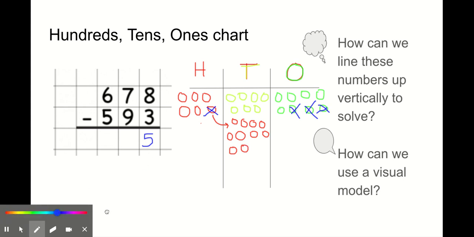Now, can I take away 9? Yep. 1, 2, 3, 4, 5, 6, 7, 8, 9. And how many are left? 1, 2, 3, 4, 5, 6, 7, 8.